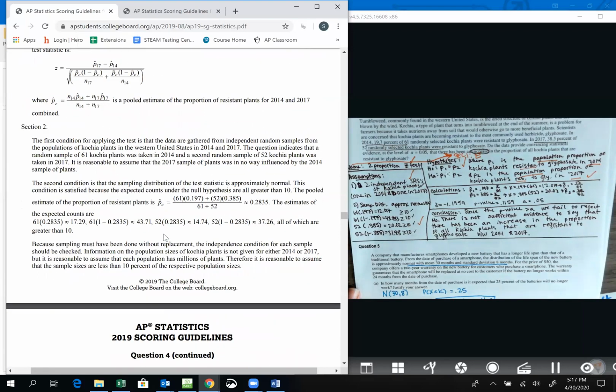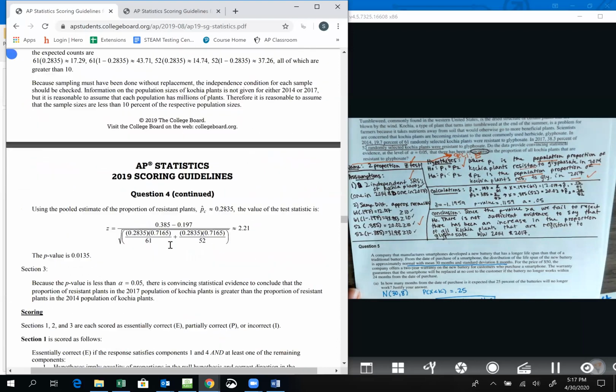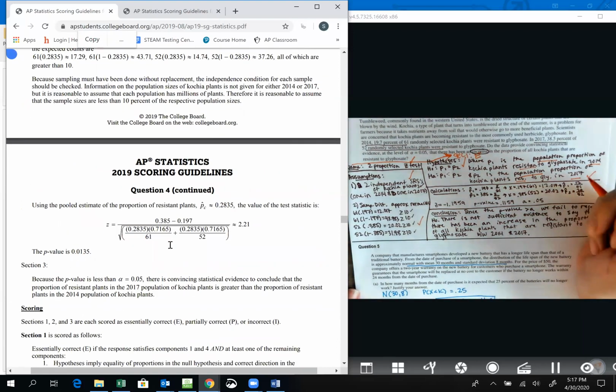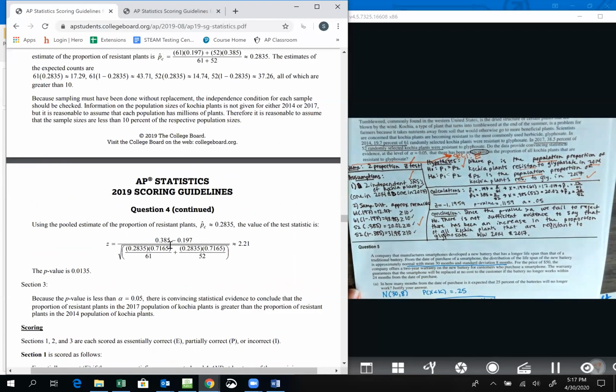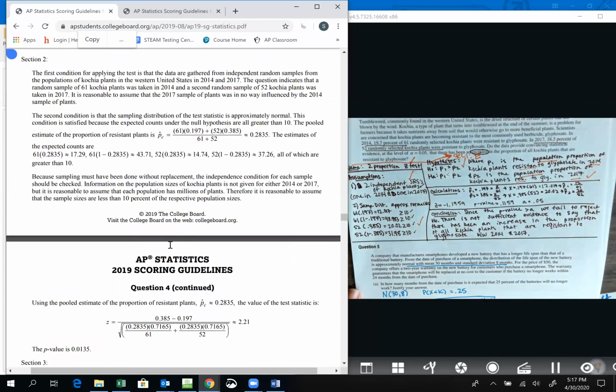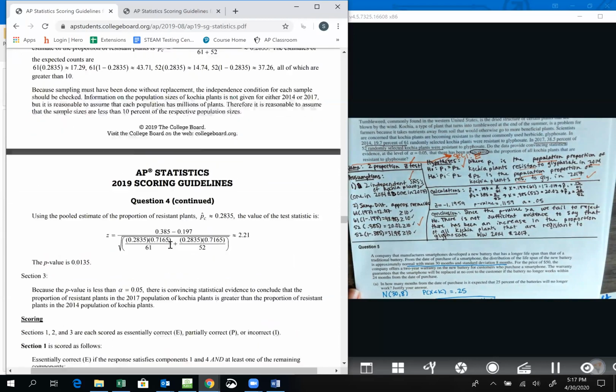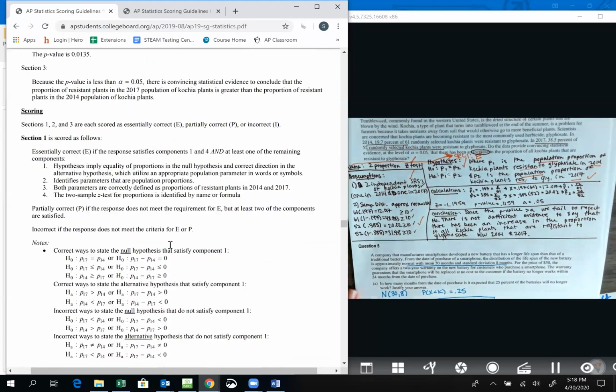Oh gosh. So 2.21. No. Using the pooled estimate. I don't like this scoring guideline.